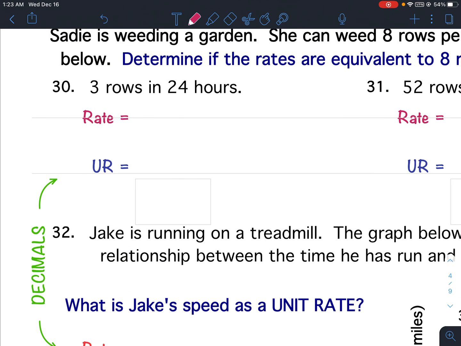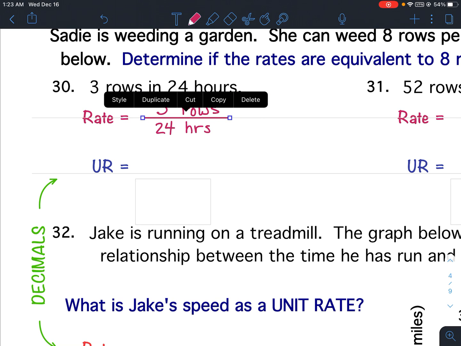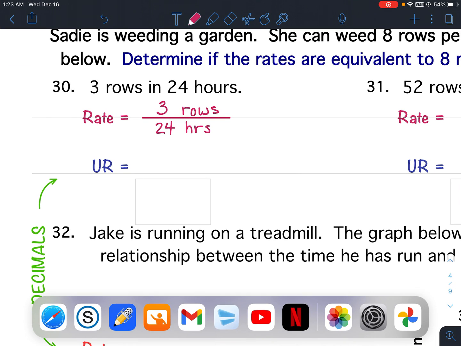So for 30, it's rows over hours. So 3 rows over 24 hours. I'll just abbreviate hours. All right, so we're going to put that in our calculator.